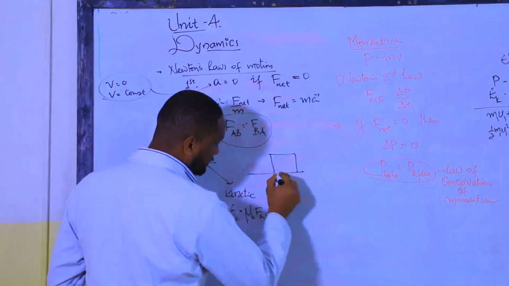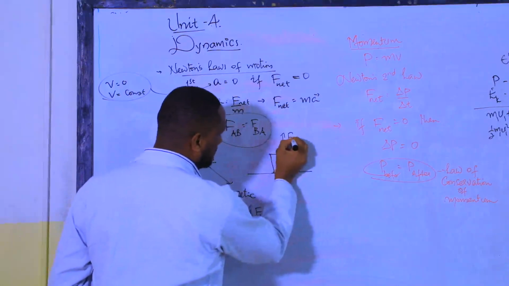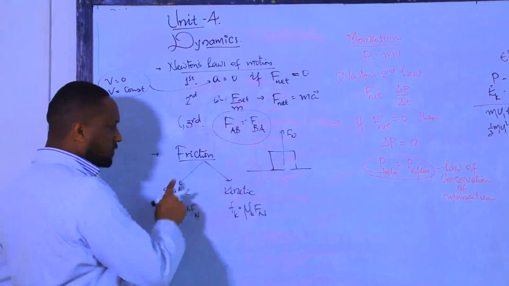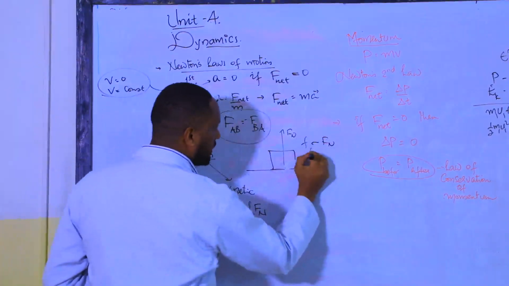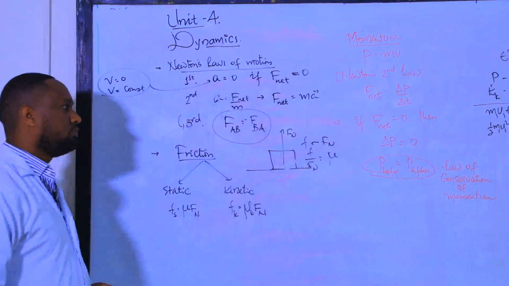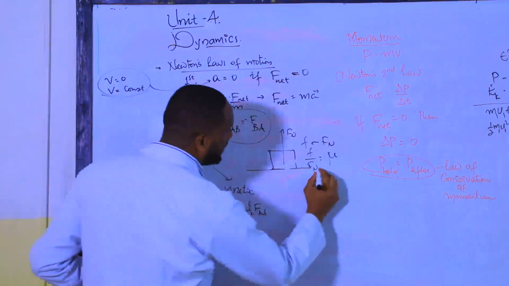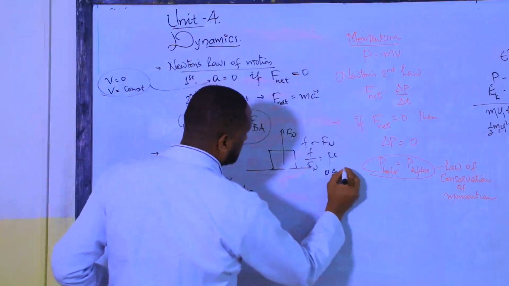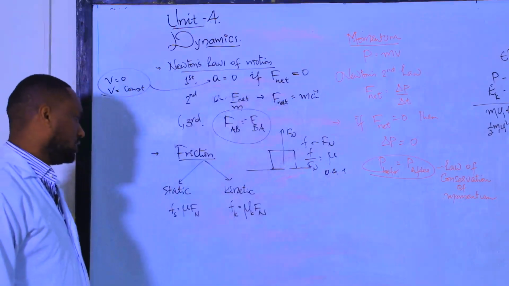The frictional force is directly proportional to the normal force. So frictional force divided by normal force is equal to mu, where mu is called the coefficient of friction, which has a value between 0 and 1, okay? Between 0 and 1.